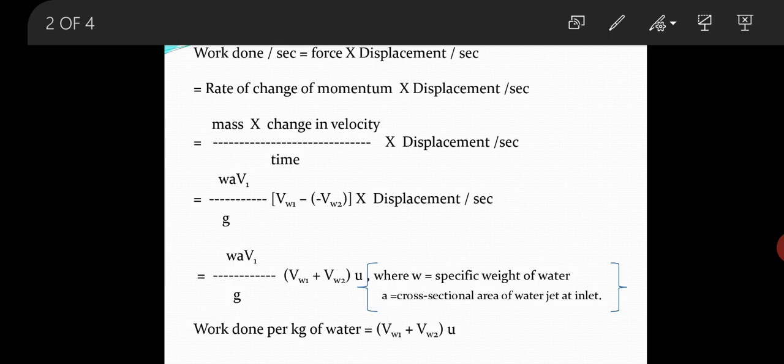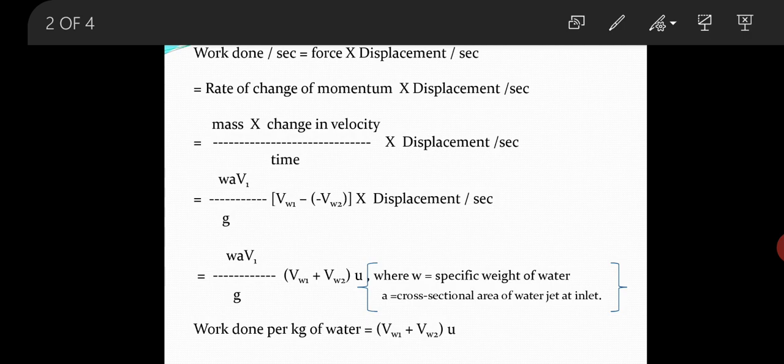In this case, the volume will be the cross-sectional area at inlet into the distance moved. So we are calculating mass per second. So this will be cross-sectional area into velocity at inlet. So the velocity of the jet at inlet is V1.